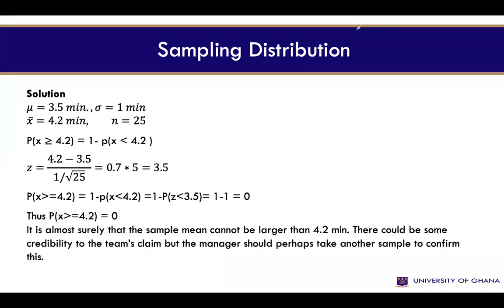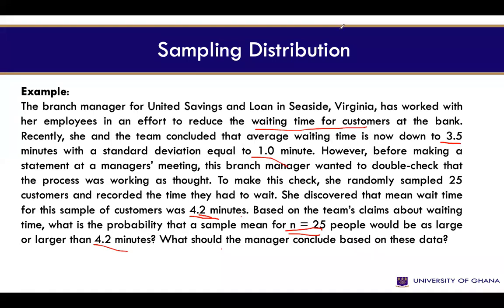All right, I think we're still behind time. Let's move on. So you see that the probability that the mean would exceed 4.2 is almost zero. It's like 0.000 something. It's almost negligible. What does it mean? Hey, where are the ladies who are helping me?